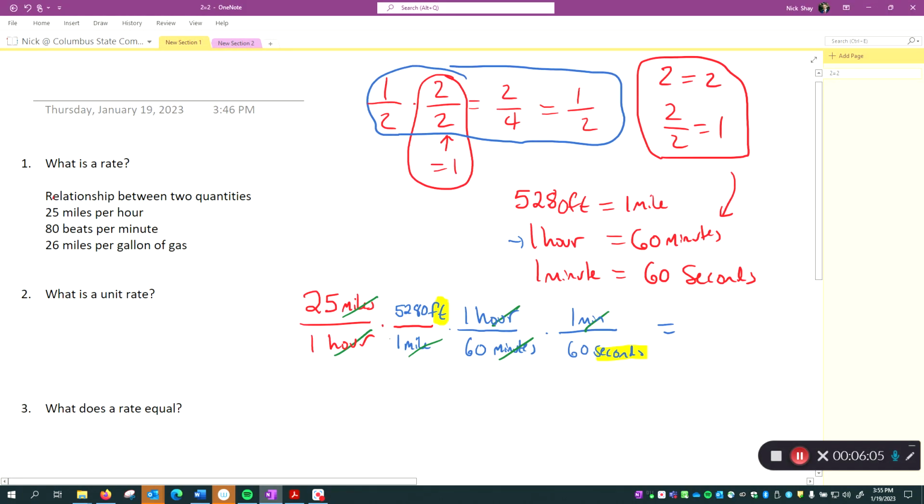The top is 25 times 5280 times 1 times 1. Let me double check. 25 times 5280 gives me 132,000, and that would be feet. In the bottom, I have 60 times 60, which is 3,600 seconds.